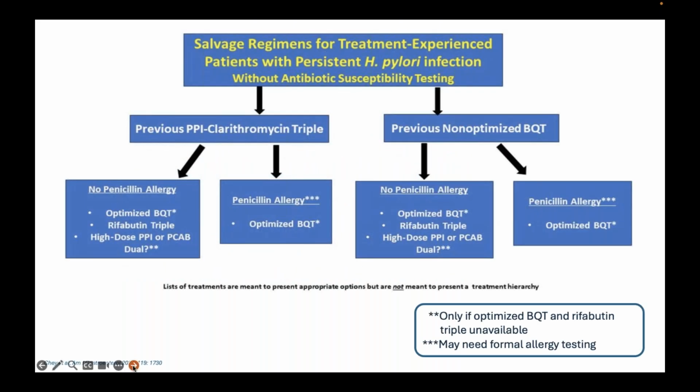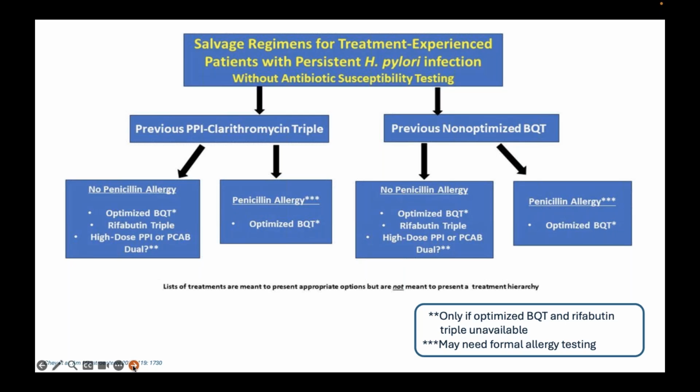Again, this is one of the algorithms taken from the recent ACG practice guideline, recommending salvage regimens for treatment-experienced patients, assuming that you do not have access to antibiotic susceptibility testing. On the left-hand side, you'll see patients who had previously been treated with PPI clarithromycin triple therapy. Now, neither Dr. Moss nor I nor any of our co-authors would recommend PPI clarithromycin triple therapy today, but we recognize that this is still the most frequently prescribed treatment for H. pylori infection in this country.